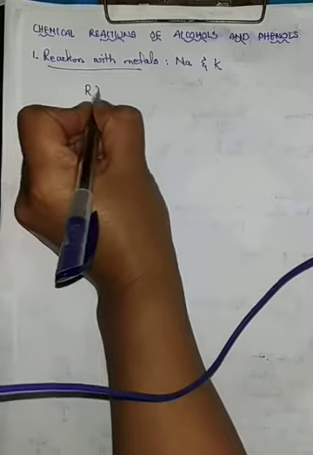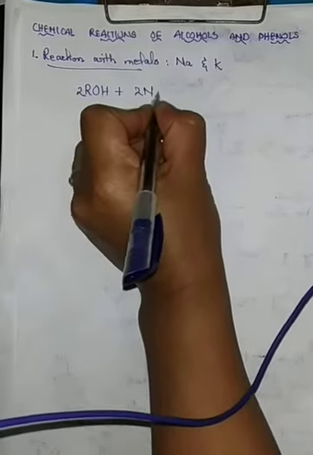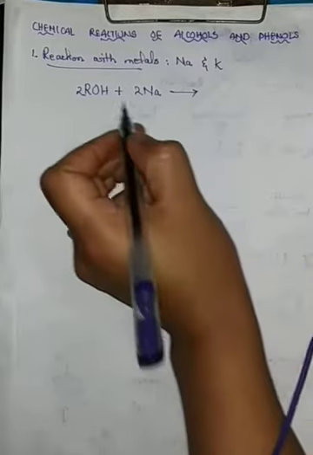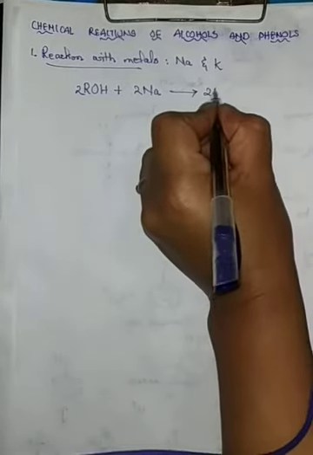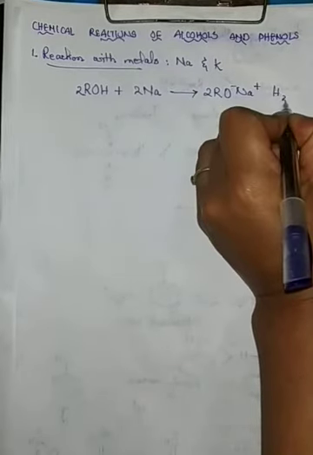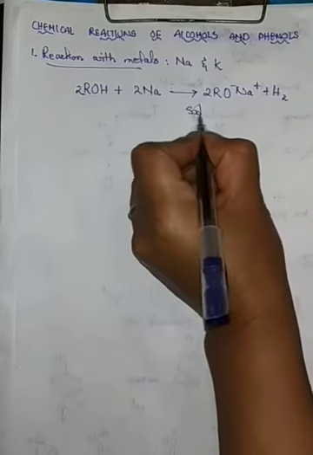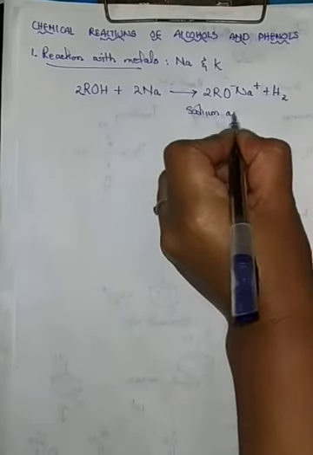Now if we take 2 moles of alcohol and 2 moles of sodium, it will give us sodium alkoxide, and then hydrogen gas will be liberated in the reaction. This is known as our sodium alkoxide.